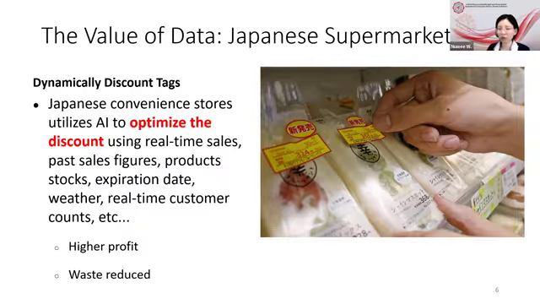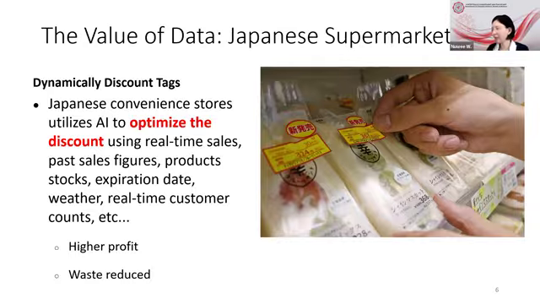Therefore, they use the data from the real-time sales of that day, from the past sales, and also the stocks, the product's expiration date, and the weather, whether it's raining today. If it's raining, people will not come to the store. They use the real-time customer counts that come to the store that day.